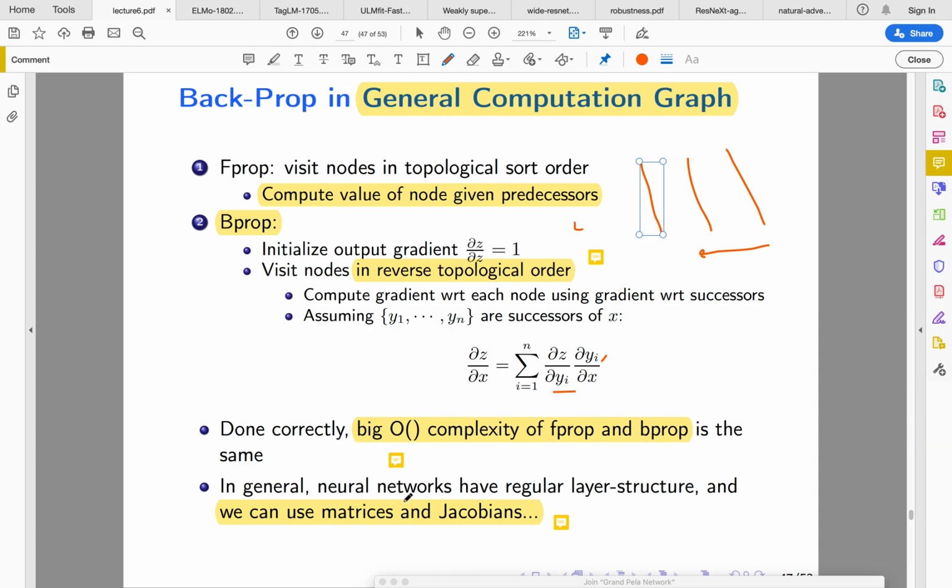In general, neural networks have a regular layer structure, so we use matrices and Jacobians most of the time to feed in all these computations, and that is why neural networks tend to be very good with GPUs, because GPUs can process matrices in parallel at the same time.